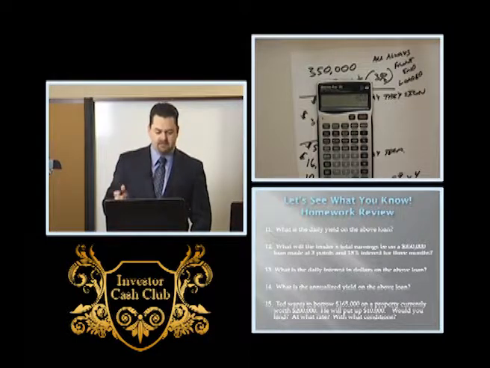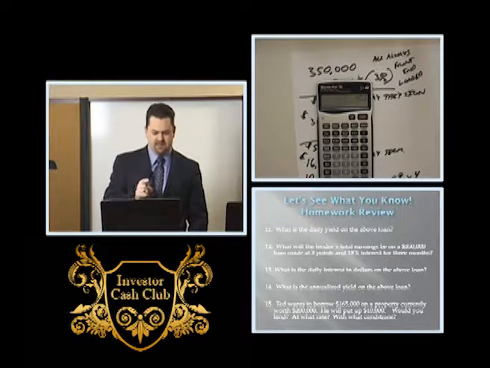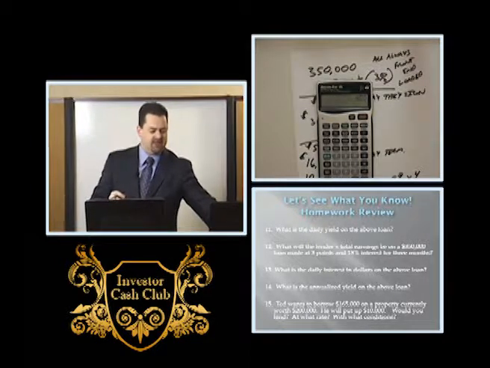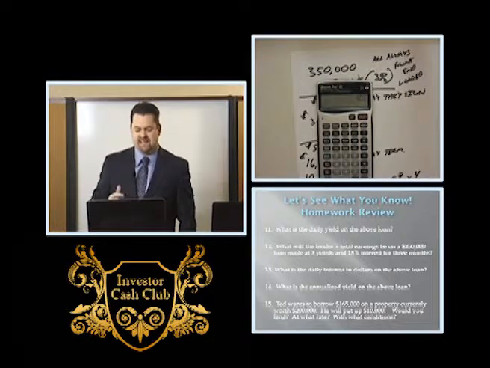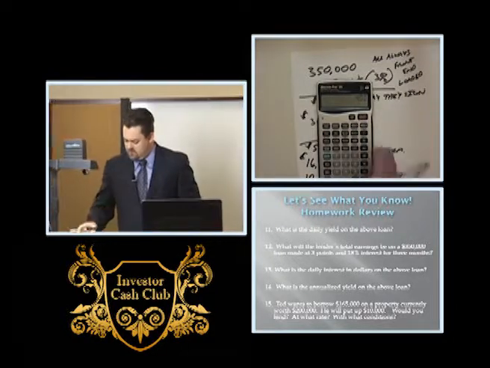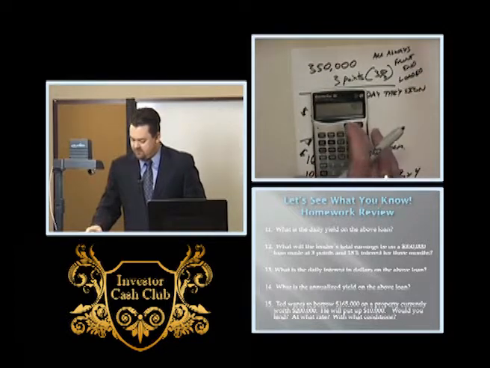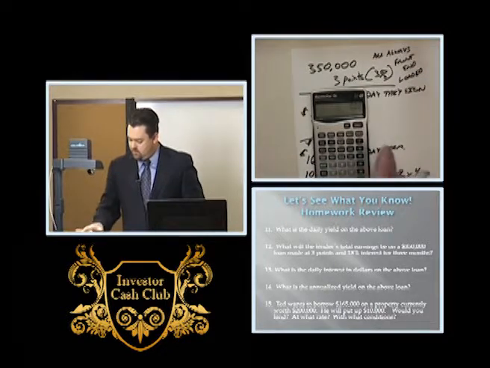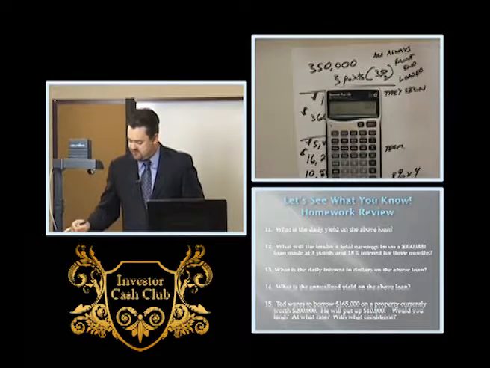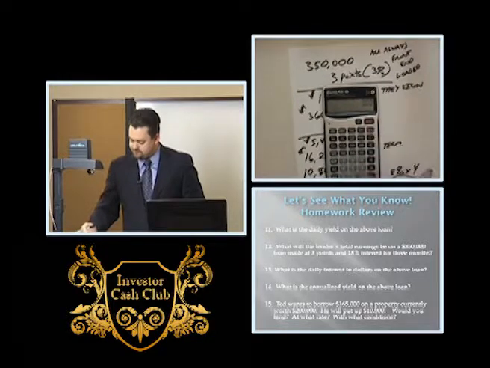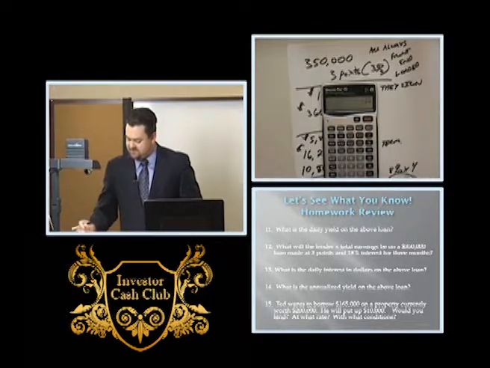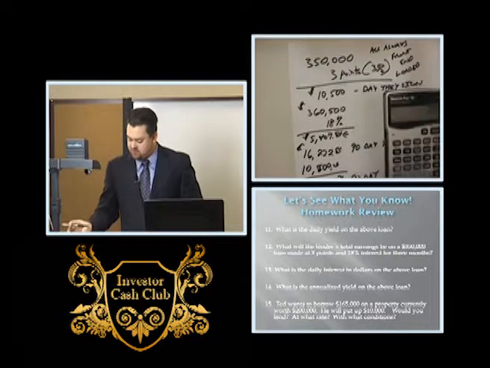All right? So question number 14, somebody asked, what is the daily interest in dollars on the above loan? Well, we can do this one of two ways. If we're earning 32%, we can take 32% divided by 360 days, which gives us our daily interest rate.